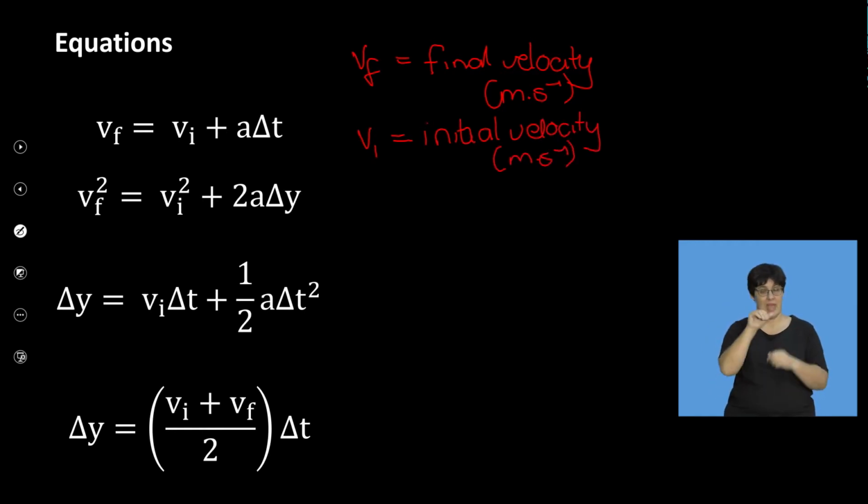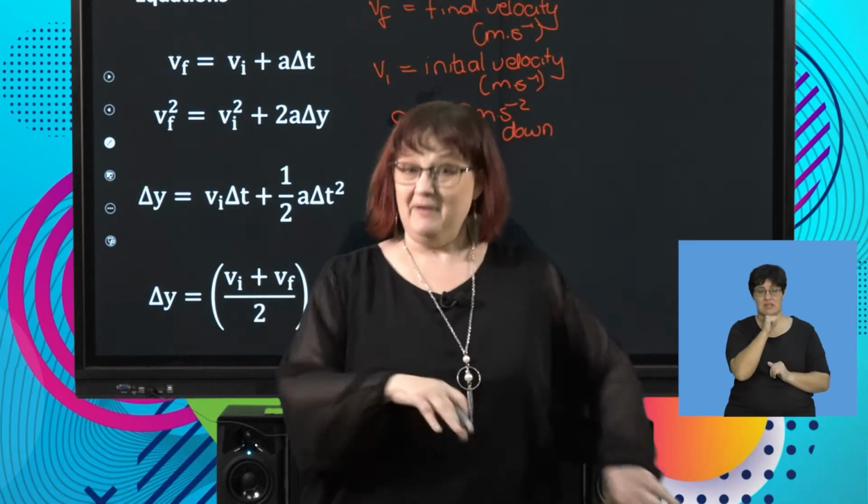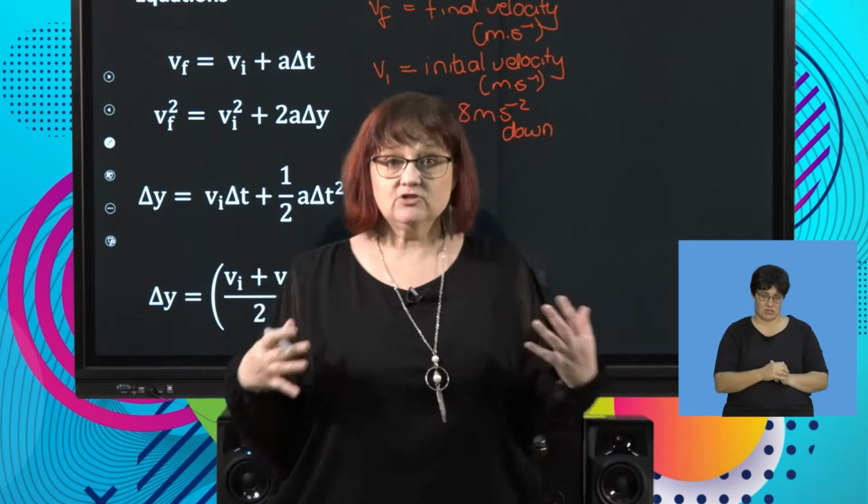Then we've got a. a is acceleration due to gravity. It is always 9.8 meters per second squared down. I'm putting a direction in it because whether it's positive or negative depends on the question, depends on our sign convention.